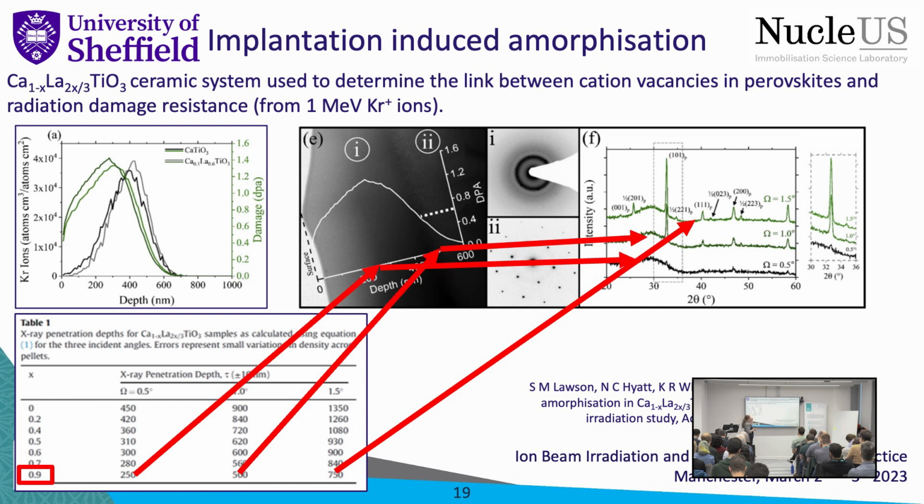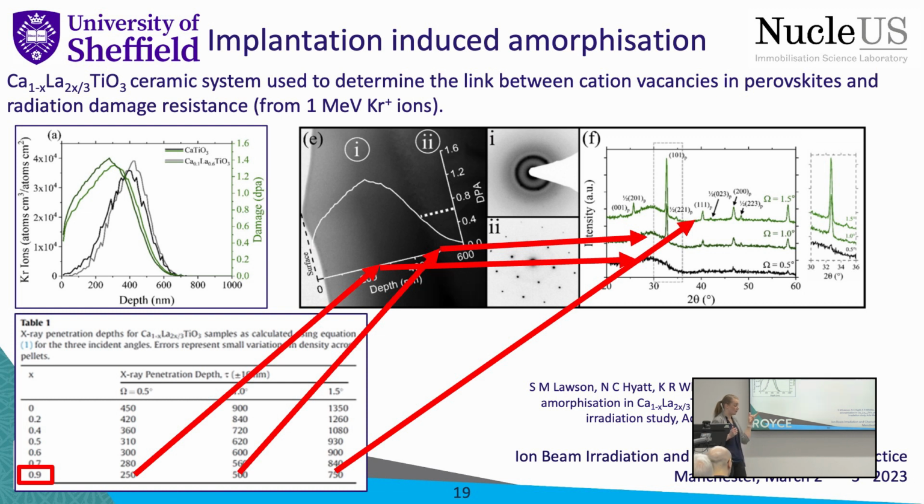And we were using this as a kind of a model system to determine how cation disorder and an increased number of lattice vacancies might affect the ceramics' resistance to radiation damage, to see if we can engineer our ceramic materials to be more resistant to radiation damage. So here Seb produced a calcium titanate and then substituted onto the calcium site some lanthanum.